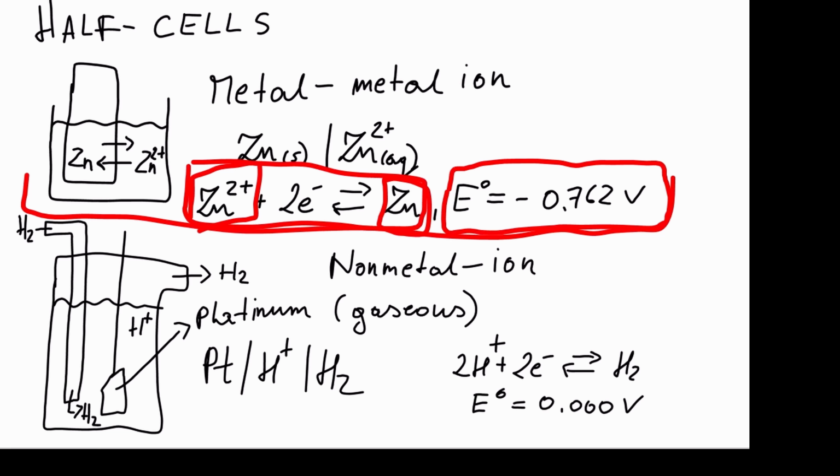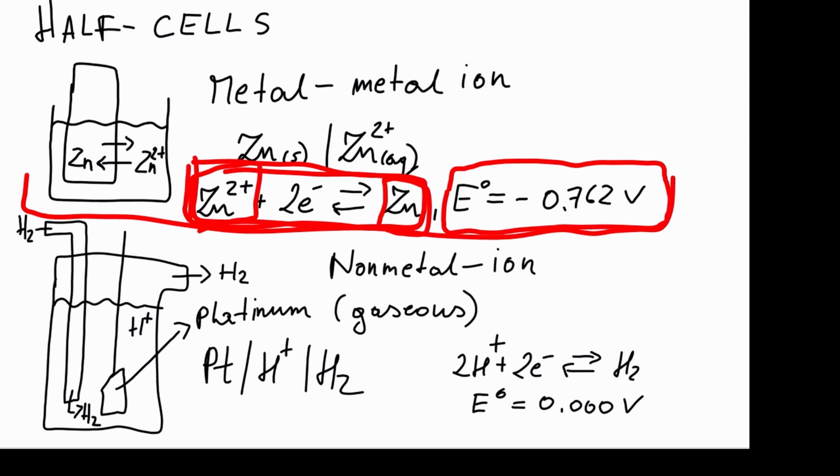According to this reversible reaction, this reaction describes this half cell. If this particular half cell, this zinc metal ion type half cell, works as an anode, this half cell reaction proceeds from right to left.